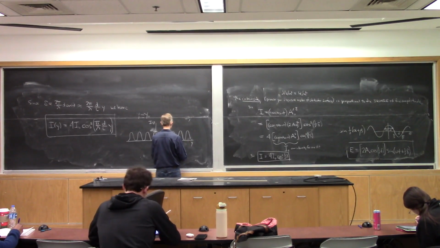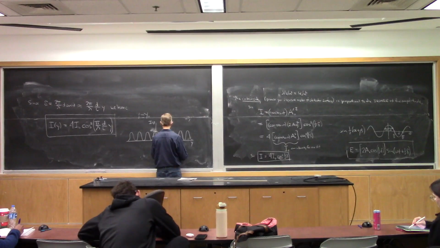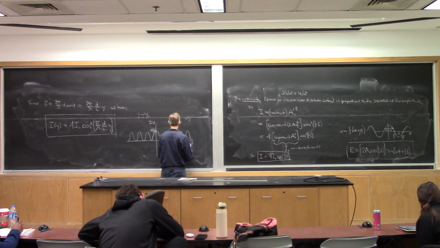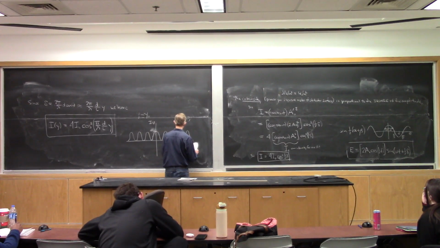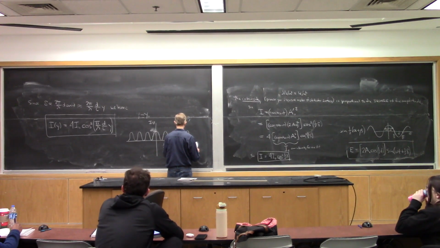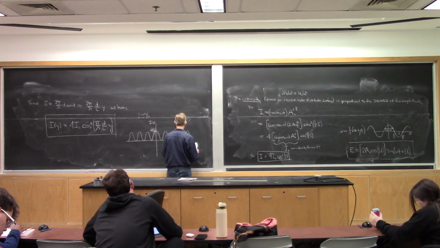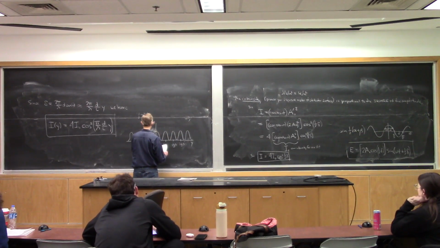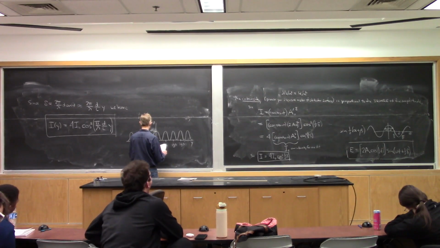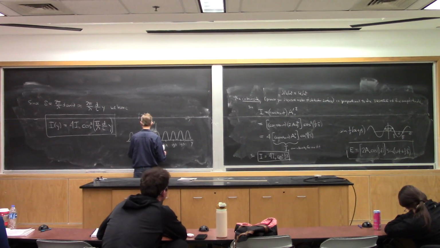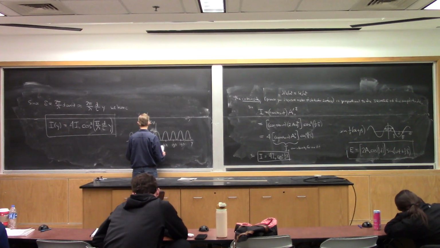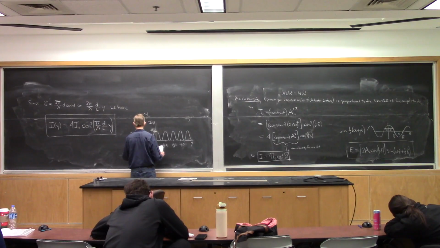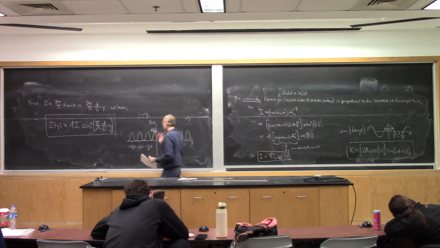And in terms of y, the other maxima are at L over d times lambda, 2L over d times lambda, etc. And on the other side, at y equals minus L over d times lambda, and minus 2L over d times lambda, and minus 3L over d times lambda.